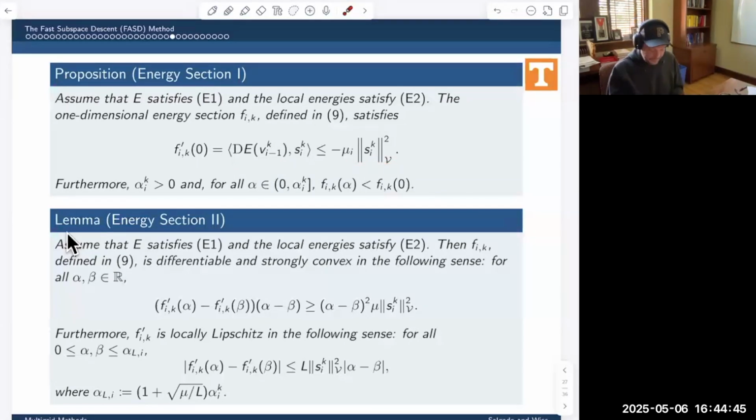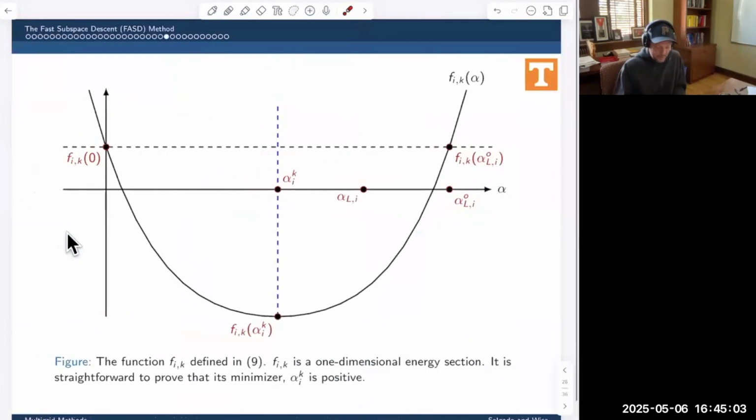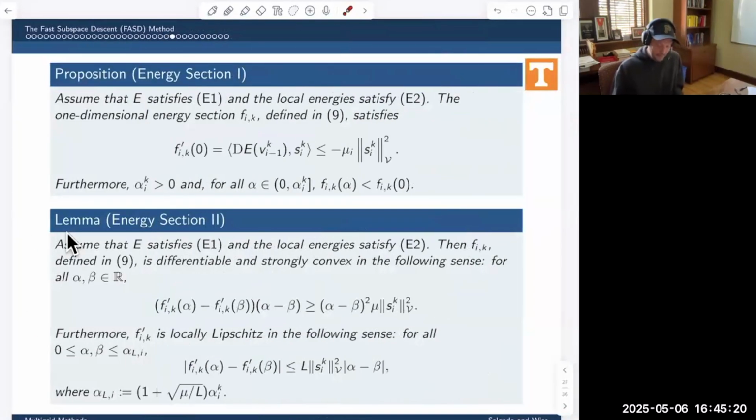We're going downhill until we reach the minimum, and therefore every value between 0 and alpha_i^k is below the starting value, right? That's just saying all these values down here are below the starting value until you get to the minimum. Of course, it is still true that all these values are also below the minimum, but we really only care about those values there. So that's the first statement, very clear.